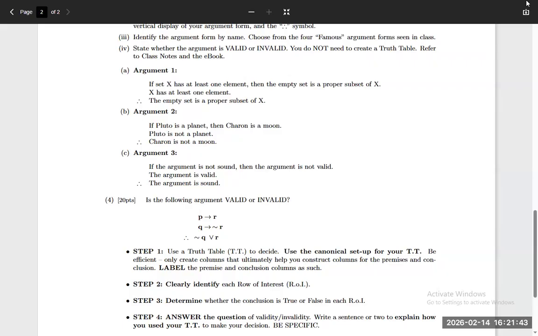Don't forget your therefore symbol. Q. Okay. So here's our argument form.